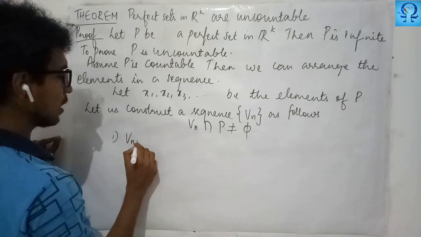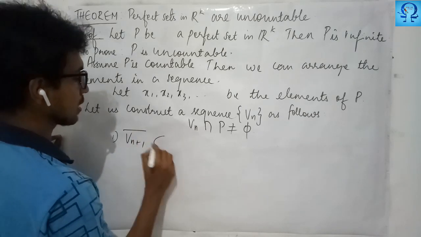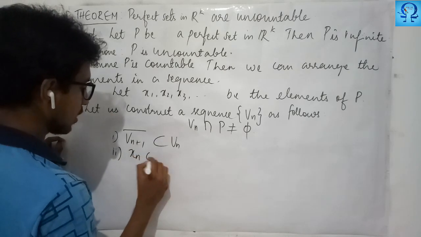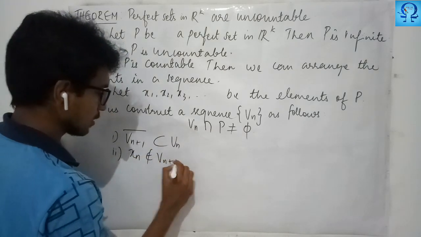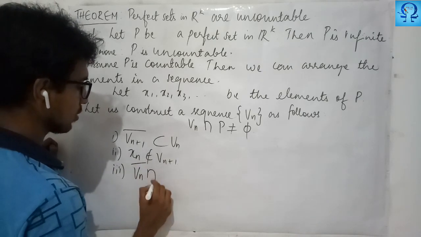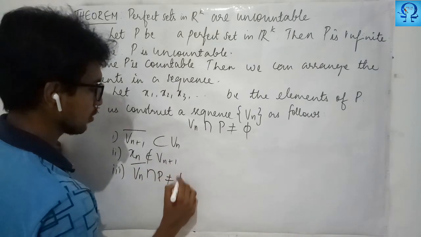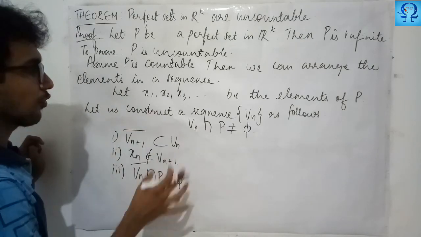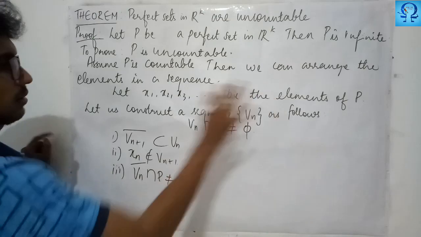That is, Vn plus 1 closure is contained in Vn. Xn must not be a member of Vn plus 1. And the third one is Vn closure intersection P is also not empty. In this way, we construct the Vn.